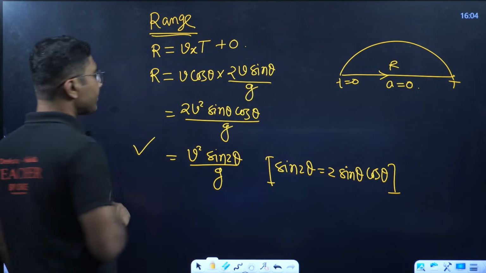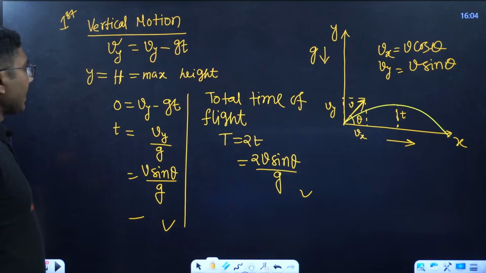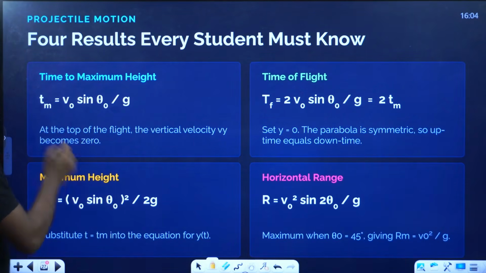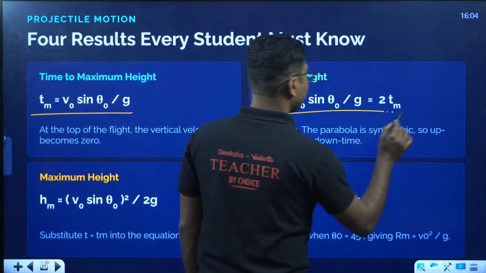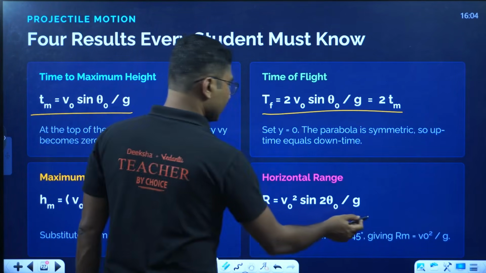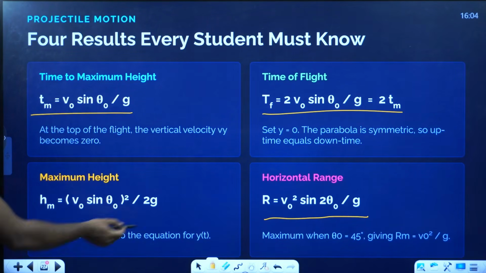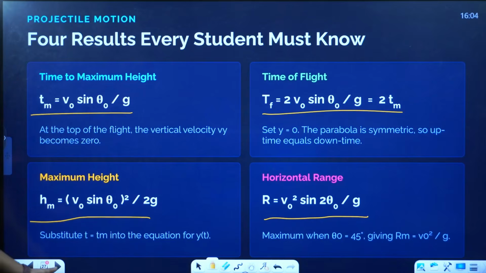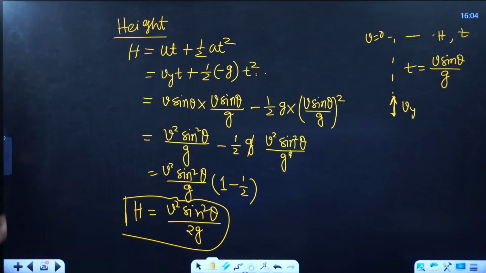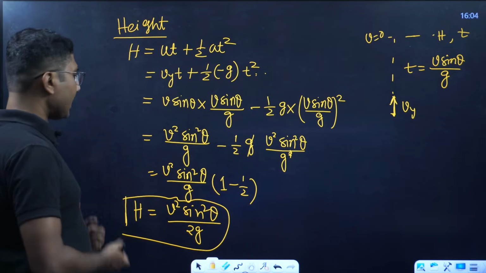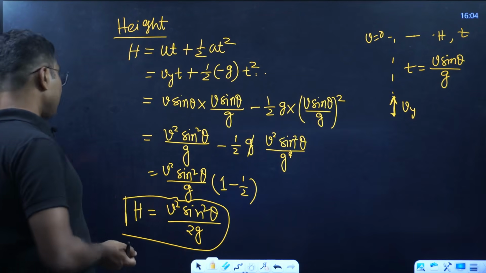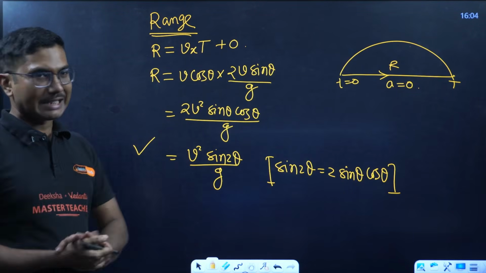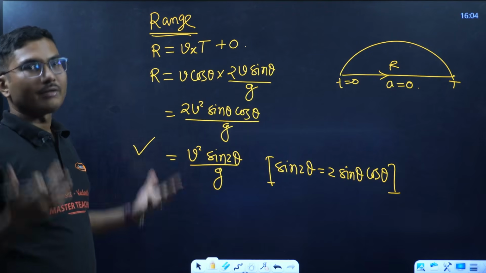So all these formulas are listed at one go over here. Time to maximum height is this, time of flight is this, the horizontal range is given by this, and maximum height is this. Now after doing this, I always give a question to my students: if the maximum height and the range of a projectile are exactly the same, then what is the angle of projection?